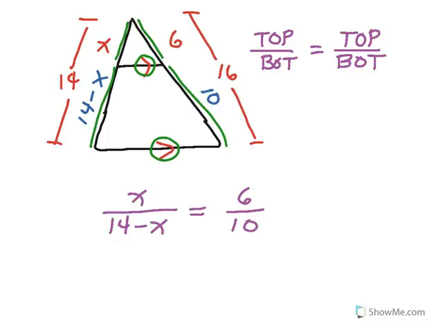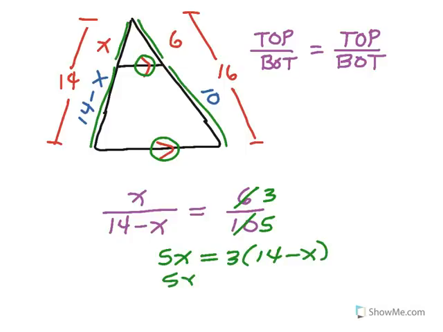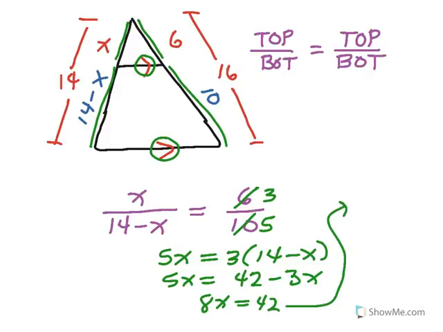So I'll simplify the 6 over 10 to 3 over 5, and then we can cross multiply. 5 times x equals 3 times the quantity 14 minus x. So 5x equals 42 minus 3x, and there, just like in the last problem, we get 8x equals 42. So still, x is equal to 5 1/4.